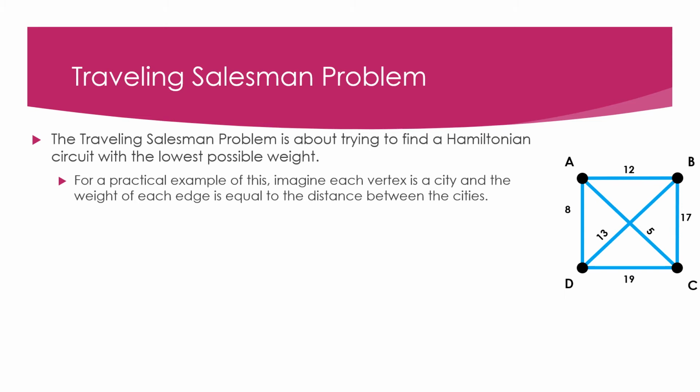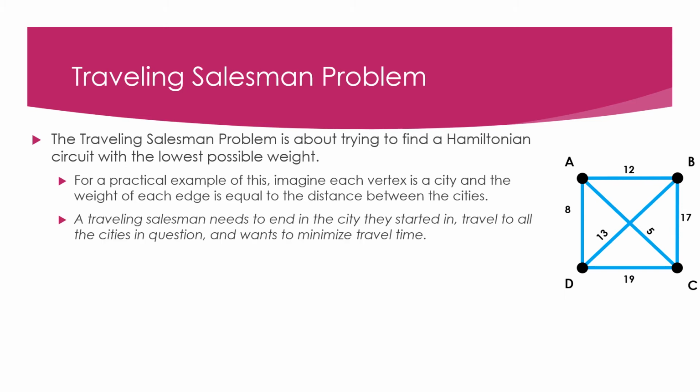So if A is New York and B is Atlanta, then 12 would represent the distance between them. So I don't know what that would be, 12 whatever, but it doesn't really matter because this is an abstract example.